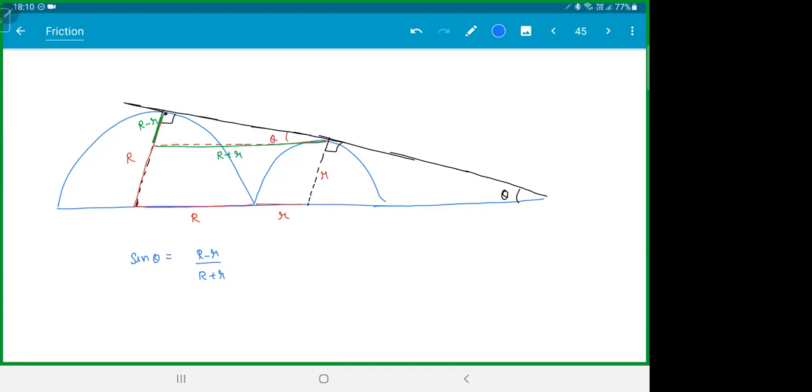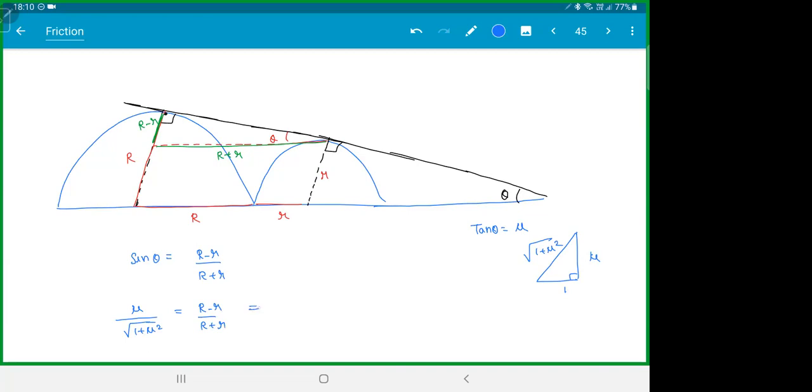And we also know tan theta is equal to mu. So if you draw a triangle, opposite side is mu, adjacent side is 1, and hypotenuse is root over 1 plus mu square. So sine theta is given by mu by root over 1 plus mu square. This is (R minus r) by (R plus r).